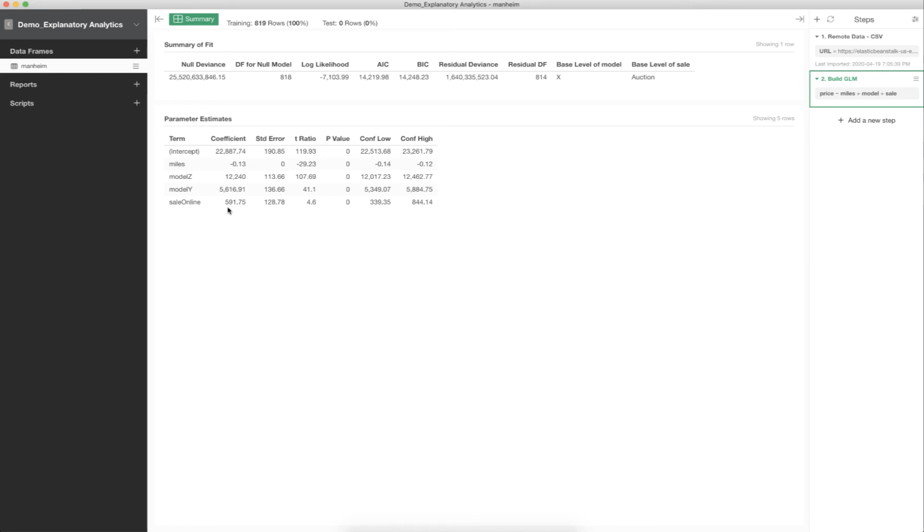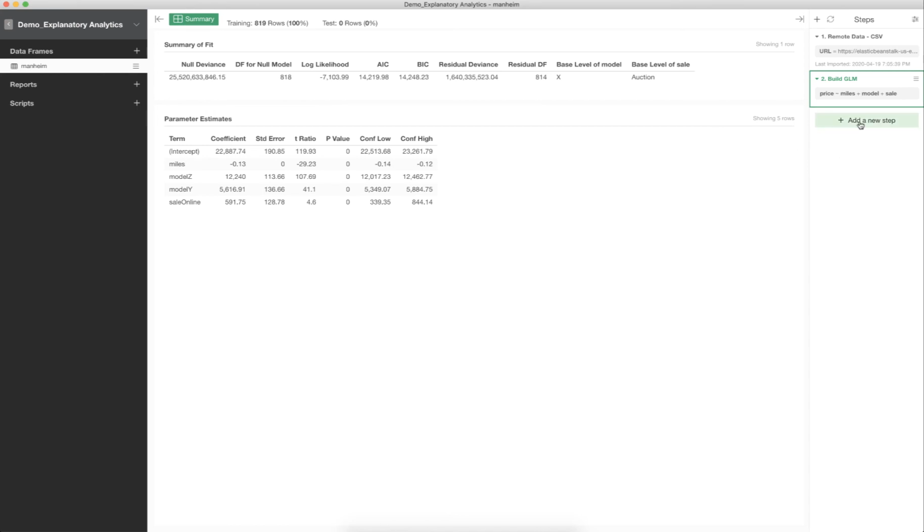The next question one might ask is, well, how much more of the price of a car needs to be explained? Do these three independent variables, miles, model, and sale, explain enough of the variation of the price of a car? One can look at the effects of this model in explaining the data doing the following.